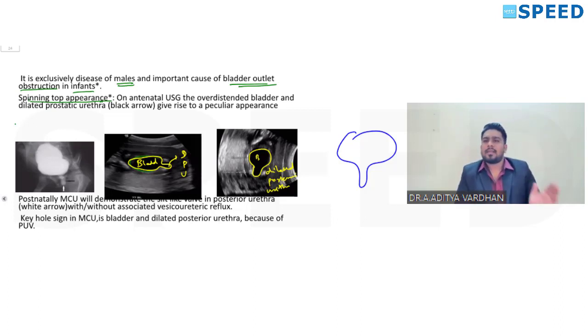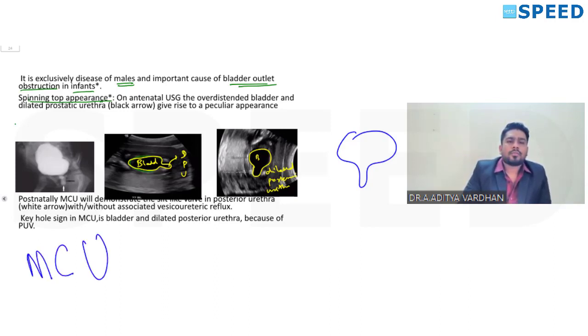Next, let's say the child is born. Okay, now the child is having urinary obstruction, urinary symptoms. So what we can do here is we can perform a special radiology study called micturating cystourethrogram, MCU, postnatally, which will demonstrate a slit-like valve in the posterior urethra. See here, this is the MCU image. MCU.